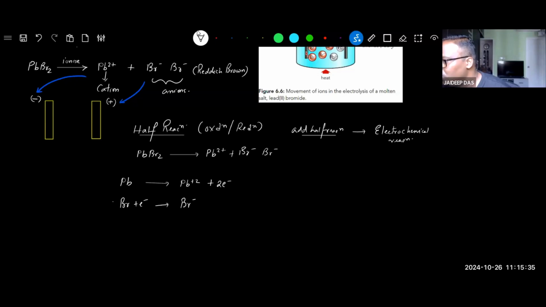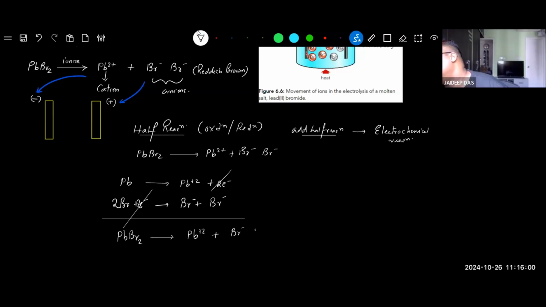And if we have 2 bromines, we accept 2 electrons, so we become Br minus plus Br minus. Have you understood? If you add up these two equations, the 2 electrons cancel the 2 electrons, so you get PbBr2 giving you Pb2 plus plus Br minus plus Br minus. You're getting the same reaction. Have you understood? This is how the ions are, but this is not the electrochemical reaction.